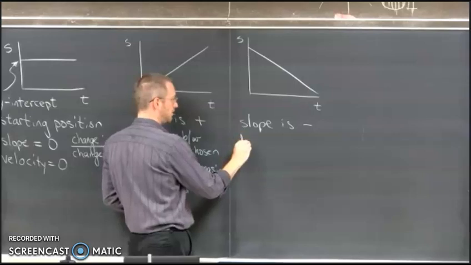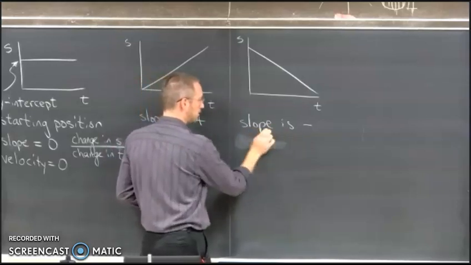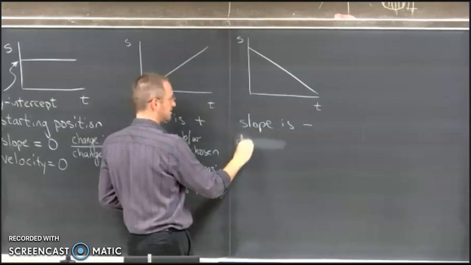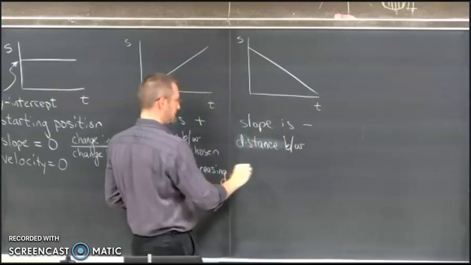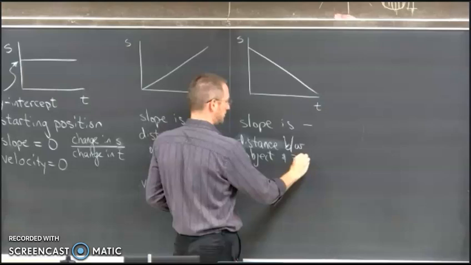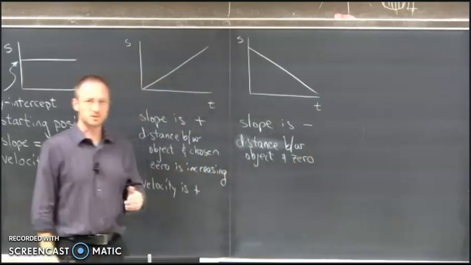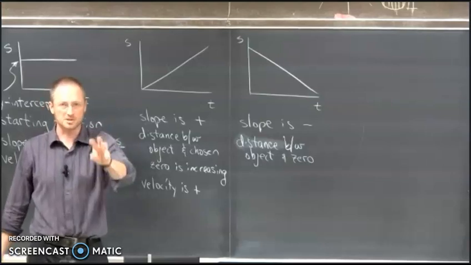And you saw that on the screen when I was walking towards the sensor. So the distance between the object and 0. And again, I'm saying chosen 0 because you saw me wheel the cart onto the floor and leave the sensor at a particular place.